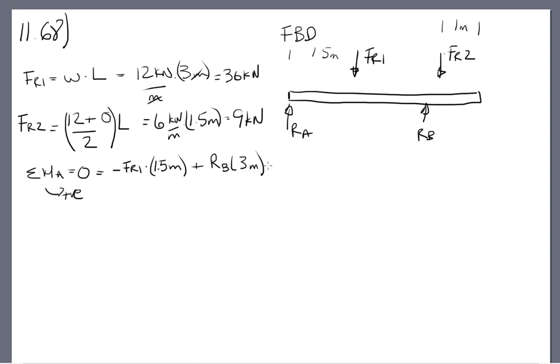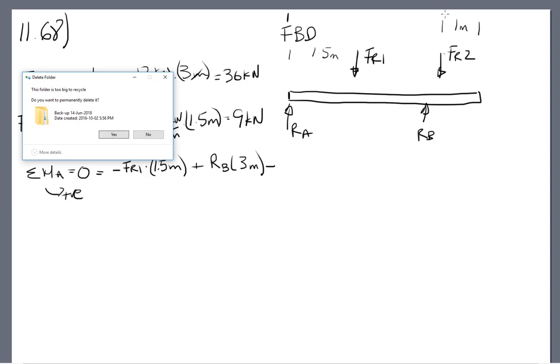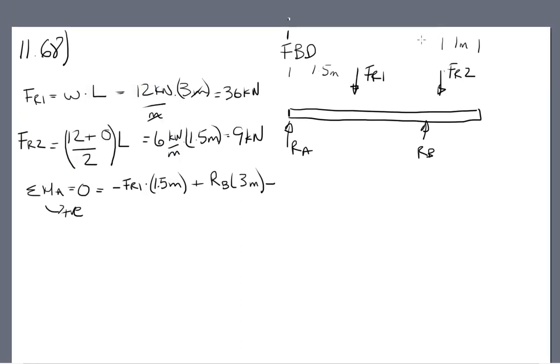And then FR2 is acting in the negative direction because of how it rotates. So it's going to be 3 meters to here plus 0.5 meters. So this distance here is going to be 3.5 meters. Let's just go over that one more time.